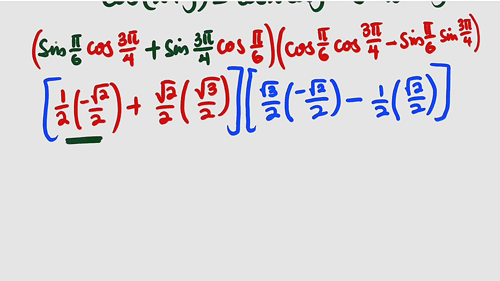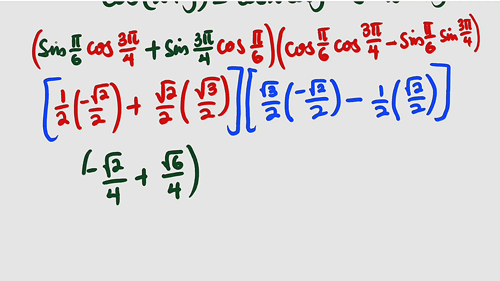From here, if you multiply these two, you're going to have negative root 2 divided by 4. Then plus, if you multiply these two together, you have root 6 divided by 4. You multiply the other ones.